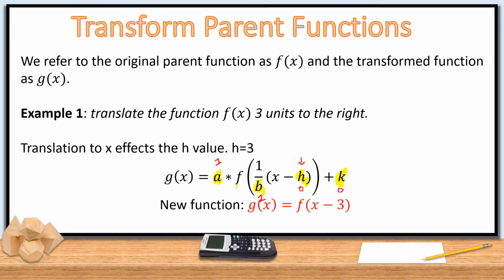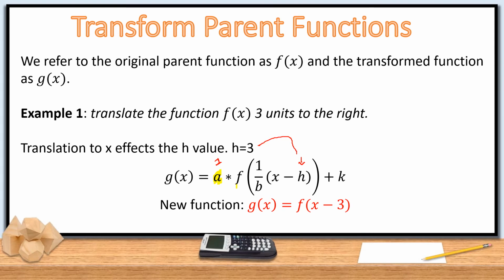So then we sub in that h value, leave the identity values for all the others. So that would leave us with g of x equals, so a is 1, so that's not going to change the value. So it's 1 times f of x, so it's just f of x. 1 over b, b is 1, so 1 over 1 is just 1, so it's not going to change anything. So we're parenthesis, x minus h is 3, that's what we were subbing in.